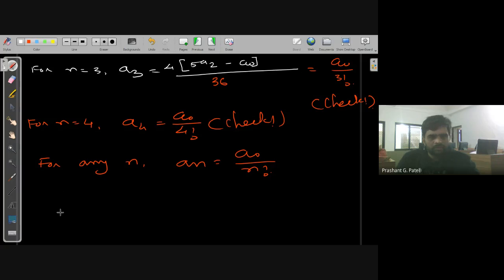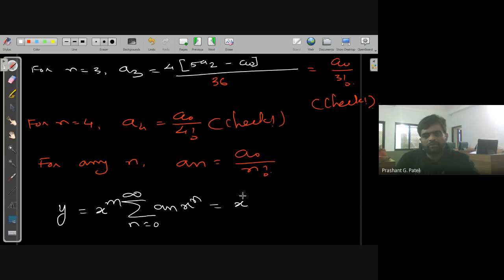So hence the one solution, that is y, will be x power m summation n running from 0 to infinity an x raised to n, which can be written as x raised to 1 by 2 summation n running from 0 to infinity an, and that an is nothing but A0 by n factorial into x raised to n.